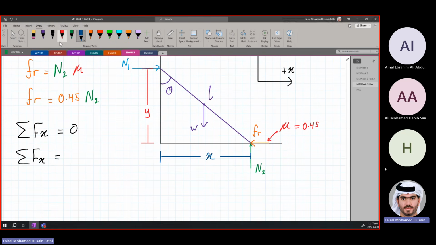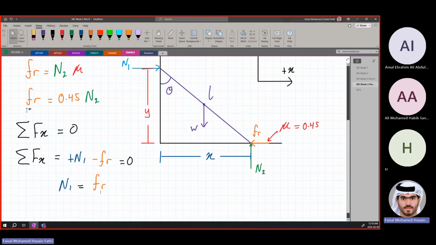So sigma Fx is equal to plus N1, because it's going in the x direction, minus Fr, because Fr is going in the opposite direction, and this is equal to 0. So N1 is equal to Fr. This is our second relation.